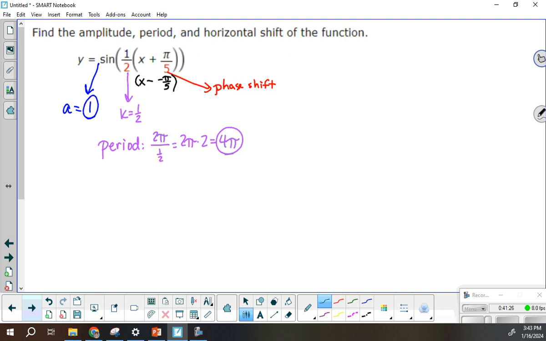So our phase shift is actually negative pi over 5. We have to slap the negative in there because we're technically going left. So when we graph, the starting point of our graph is going to be to the left. I hope that is helpful.